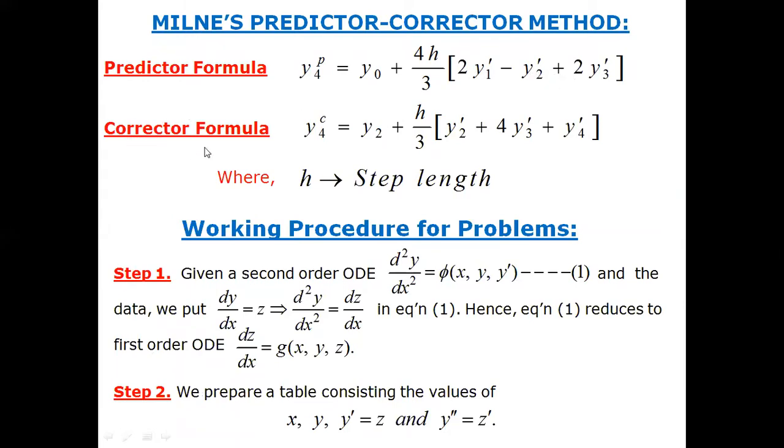And Milne's corrector formula is y4c equals y2 plus h by 3 into y2 dash plus 4y3 dash plus y4 dash, where h is the step length. We have already used these relations in Module 4 of the same course, 18 M83-1.